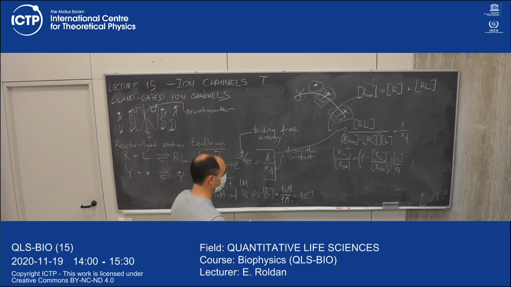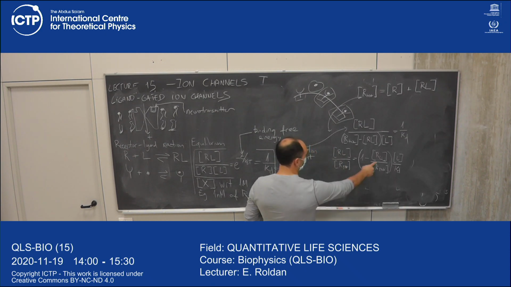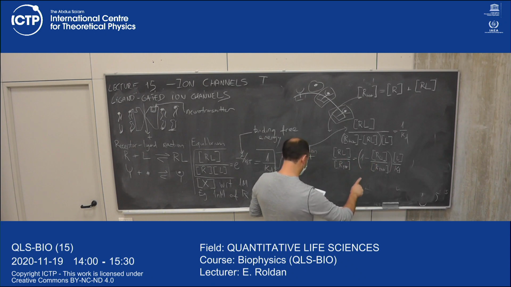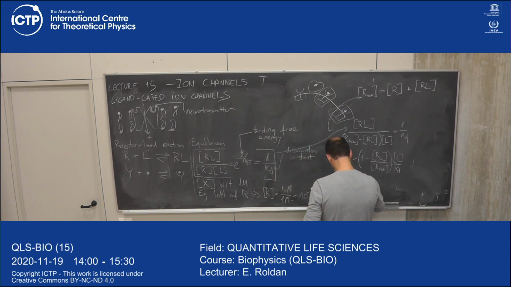So now I can solve. My quantity of interest is the fraction of occupied receptors. This is the number of receptors which are occupied, and this is the total. So I can move this to the right and then divide. It will be L divided by KD, divided by 1 plus L divided by KD. So just 2 steps. This is very simple.